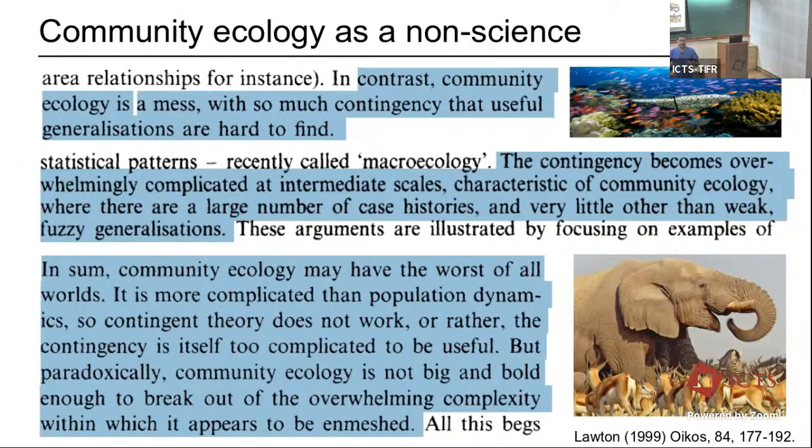So if science is about uncovering or discovering general laws that can then explain patterns, in community ecology often you don't find those general laws. Because what's happening here can be very different from what's happening there. And what's happening here today can be very different from what's happening here tomorrow.